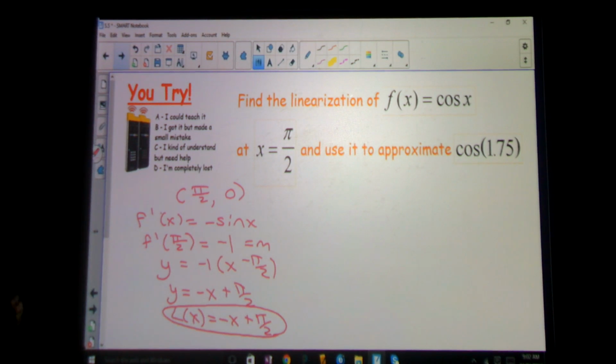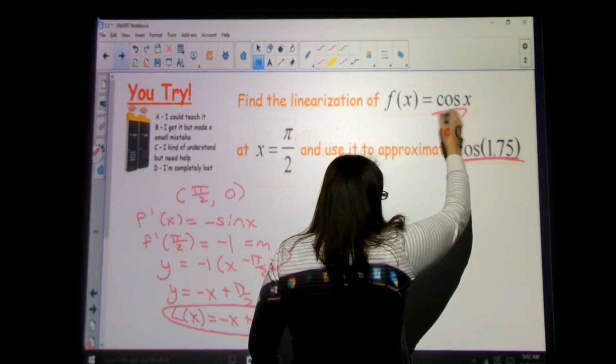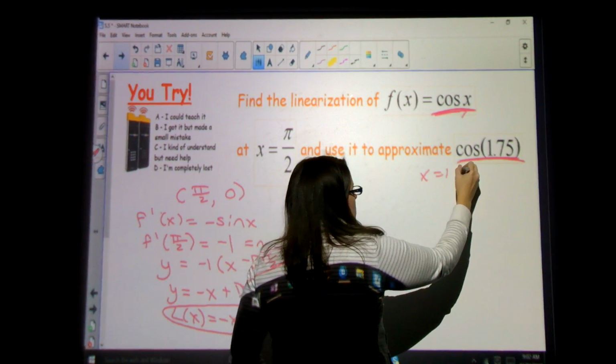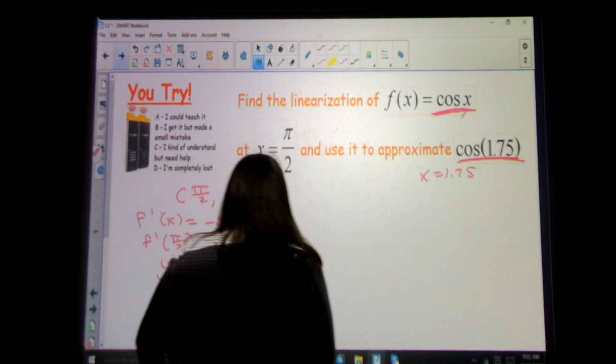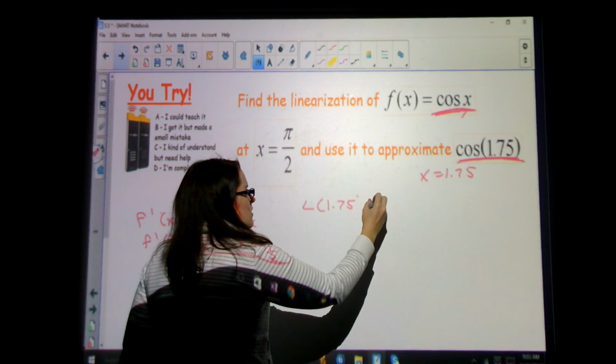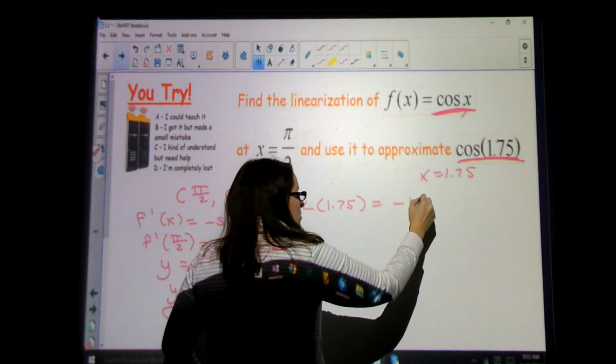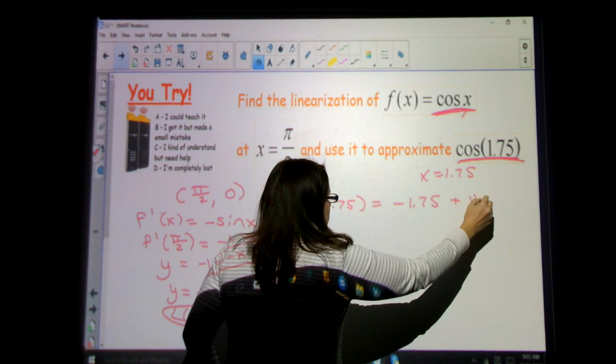Now we're going to use it to approximate cosine of 1.75. So compare this and this. X would have had to be 1.75 for those to be the same statement. So I have L of 1.75 equals, plug it in, negative 1.75 plus pi over 2.